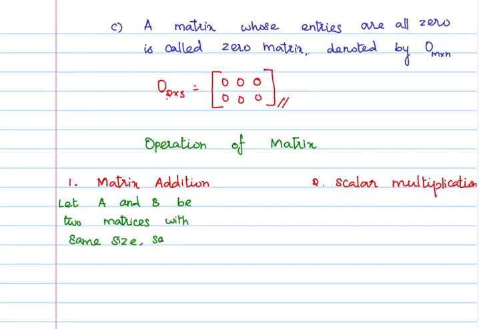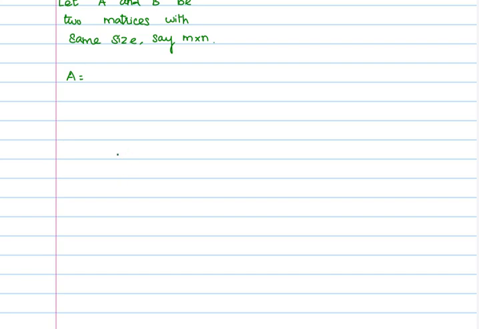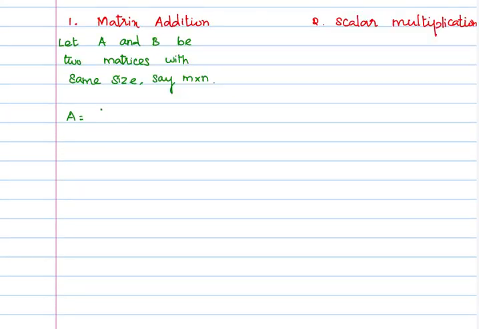Say m by n. So I take A as a matrix of m rows and n columns.